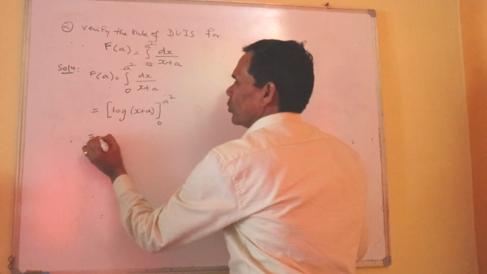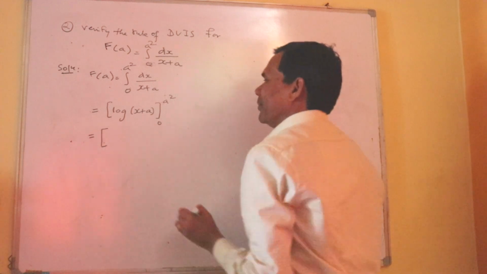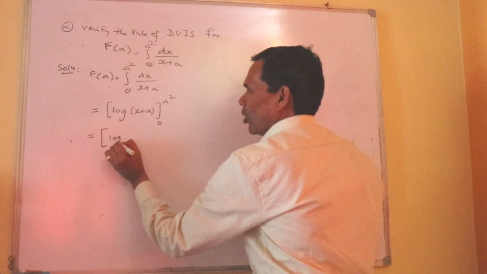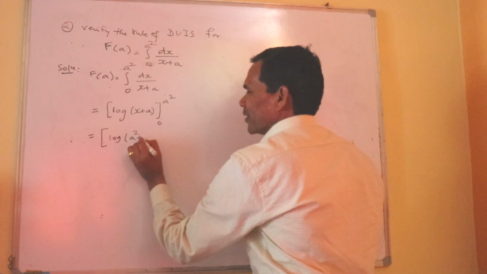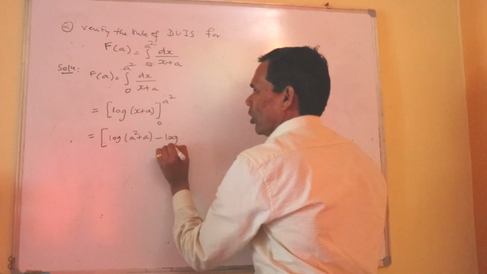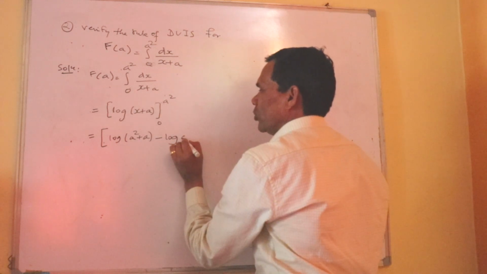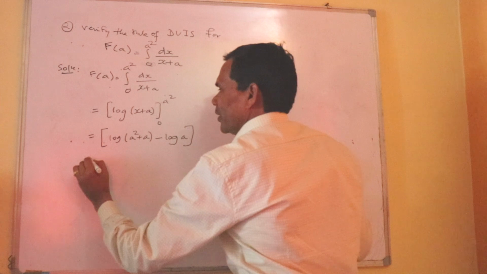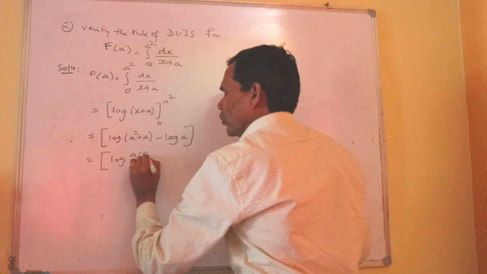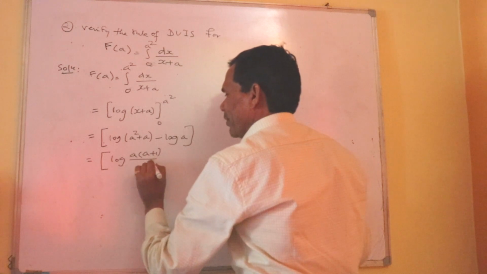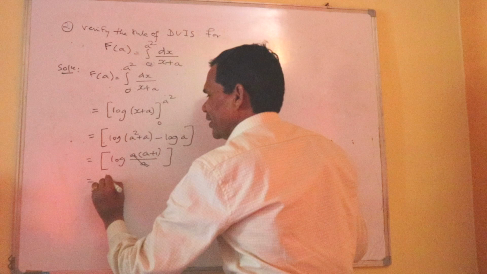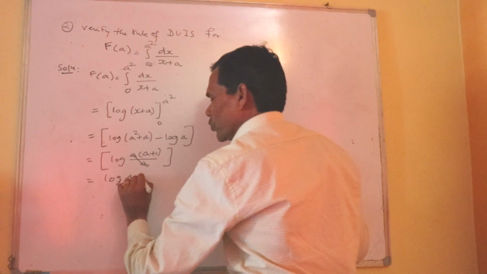Applying the upper limit and lower limit, upper limit gives log of a square plus a, x replaced by a square, minus log of x replaced by 0, so this is equal to log of a into a plus 1 divided by a gets cancelled, so we get log of a plus 1.